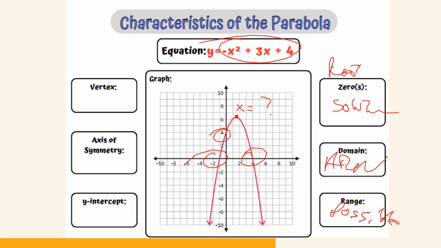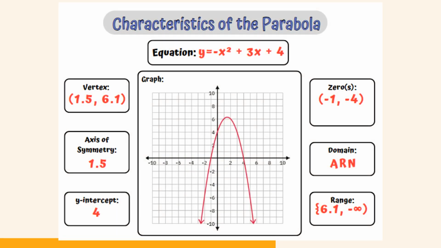Let you work on this on your own. You should have time to complete it. This one, notice our vertex wasn't on a lattice point, so we're going to have to approximate it. Graphs are useful because they give us a rough idea. But one reason we want to get good with formulas and manipulating equations is sometimes we want a more exact answer.